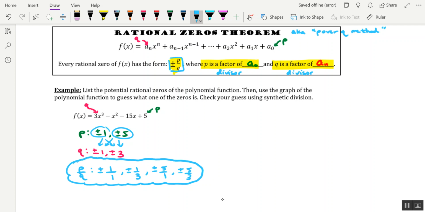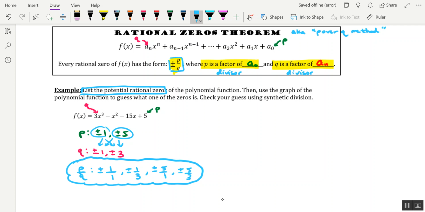So that is our list of the potential rational zeros. And so we've gone from infinitely many possibilities to 2, 4, 6, 8. Alright, that's the power of the rational zeros theorem.